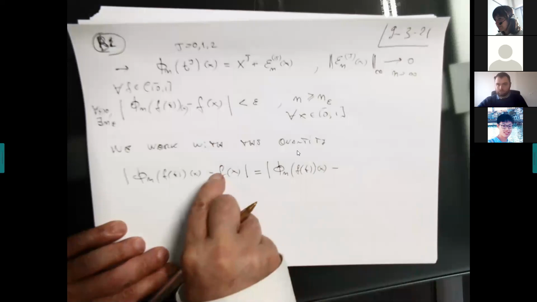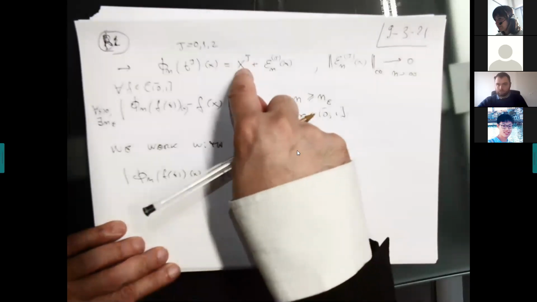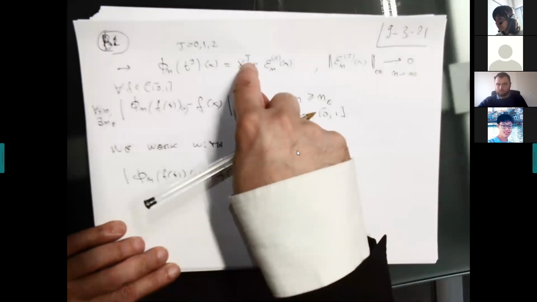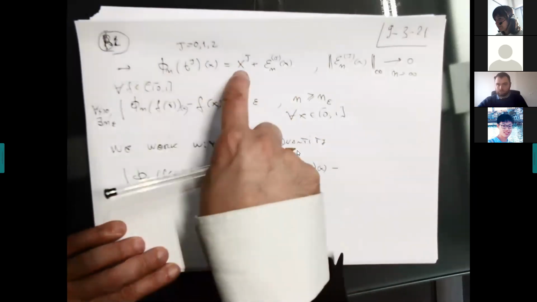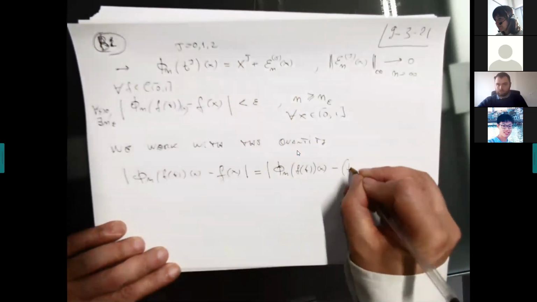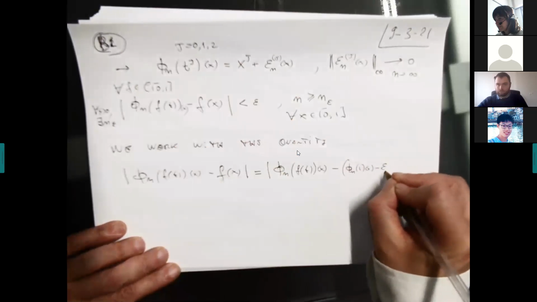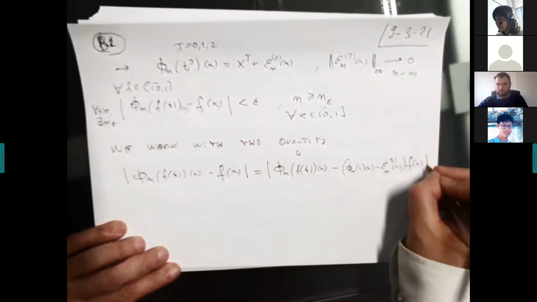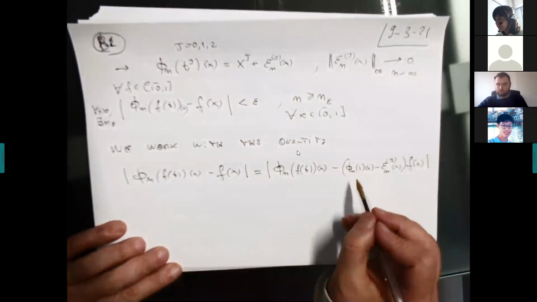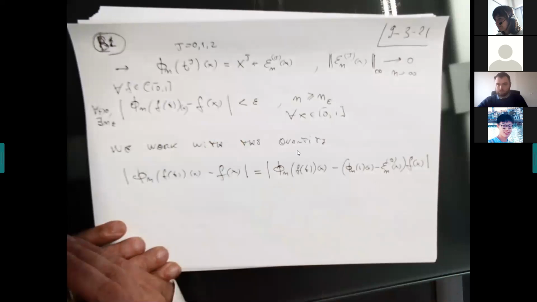Look, here there is 1 times f of x, but 1 is exactly x to the power j when j is 0. So here there is 1. So 1 I can write as phi n of 1 of x minus epsilon n 0 of x times f of x. Okay, so I've found a complicated way of writing 1, but which is useful.